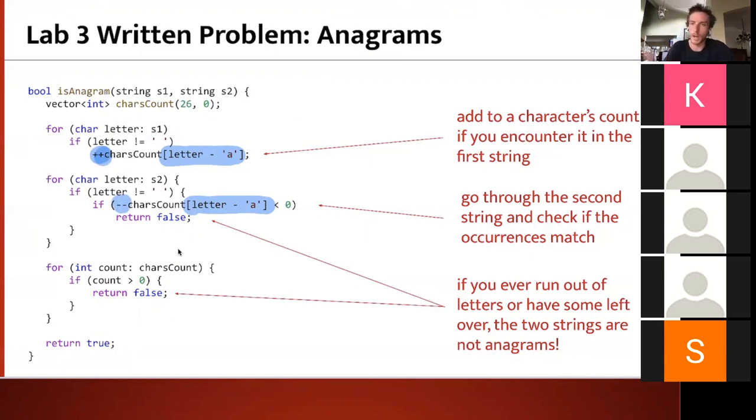The first string will add, the second string will subtract, and then we see if all of the entries in the vector are 0. If they are, that means there were exactly the same counts of each letter in each word, which means they're anagrams. Okay, let's keep going.